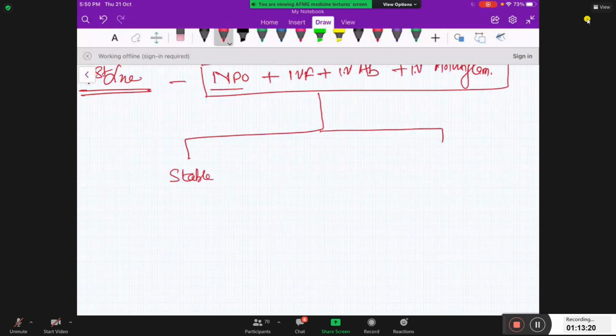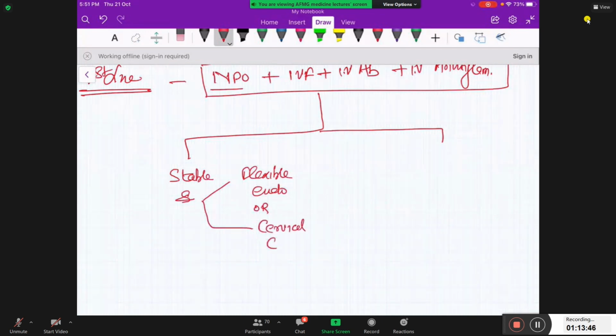If the patient is stable and if it is a perforation due to flexible endoscope, or the perforation is of a cervical esophagus.